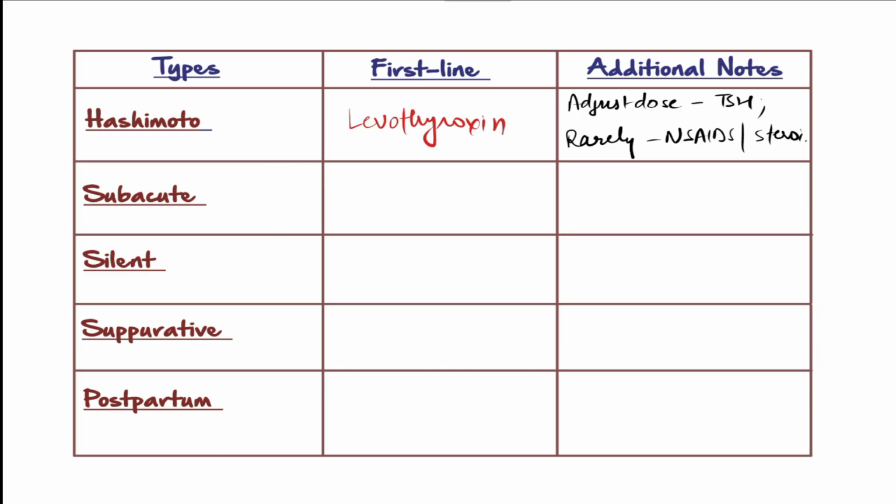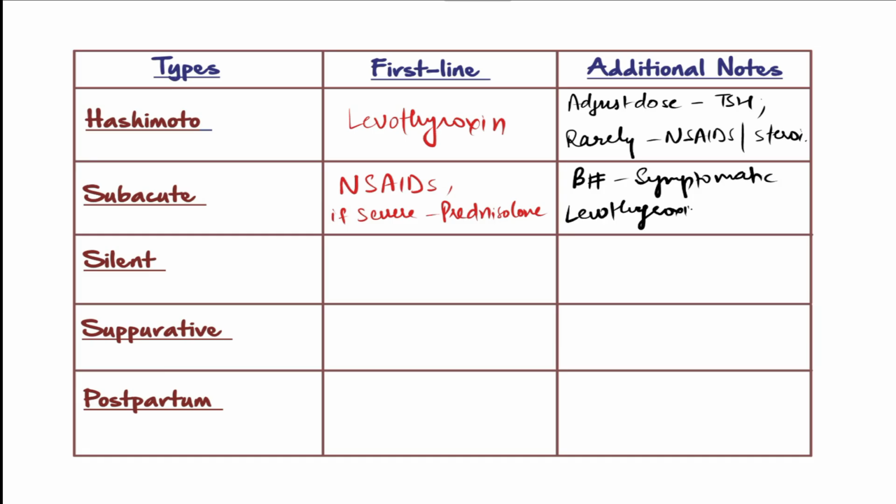In case of subacute, NSAID is the first line treatment, and if severe, we can use corticosteroid, and additionally beta blocker for symptomatic treatment and levothyroxine for hypothyroidism. And in case of silent, usually self-limiting and treatment not required, but beta blocker if needed, and additionally temporary levothyroxine in hypothyroid phase.